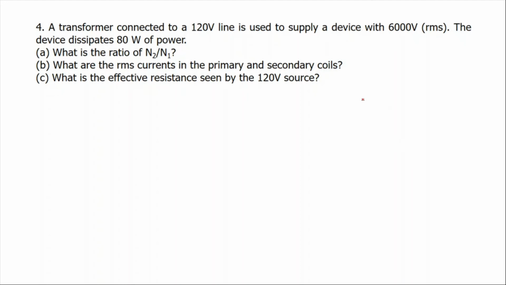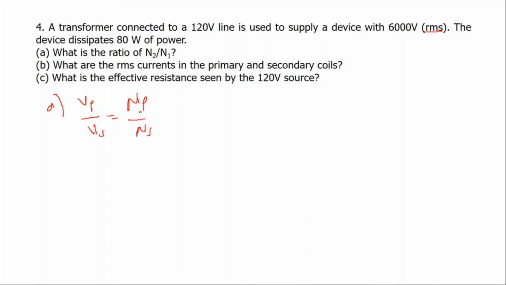A transformer connected to a 120 volt line is used to supply a device with 6,000 volts, and this is RMS voltage. The device dissipates 60 watts of power. What is the ratio of N2 divided by N1? For the first one, we know that V primary divided by V secondary equals N primary divided by N secondary, and we are asked for N2 divided by N1.